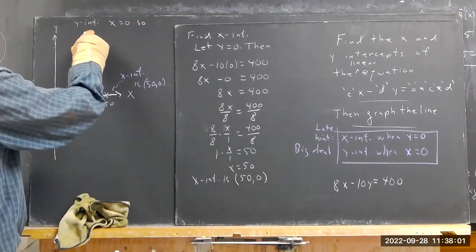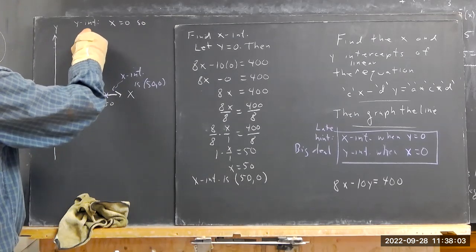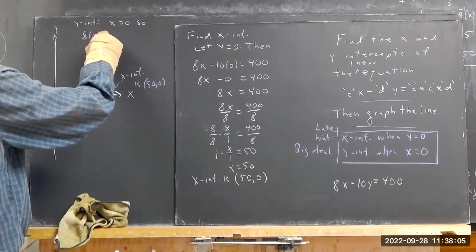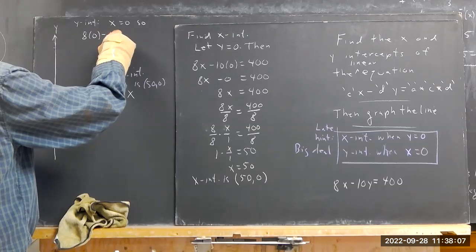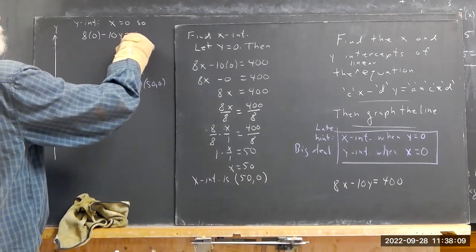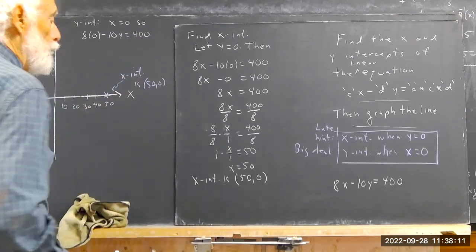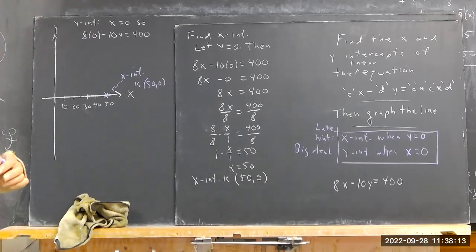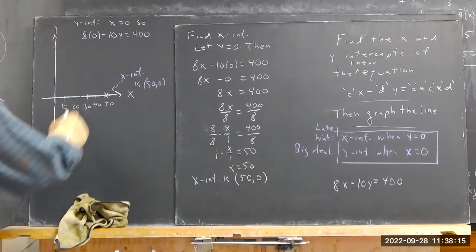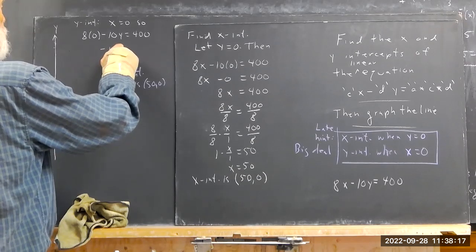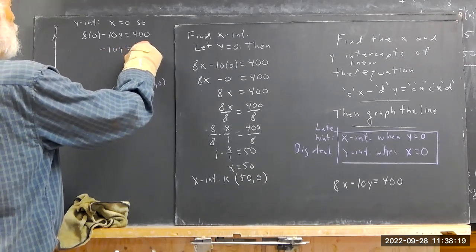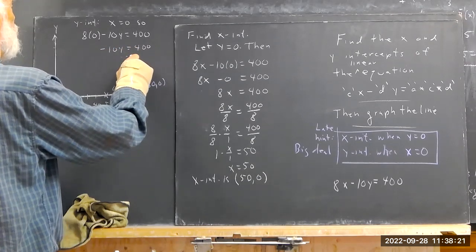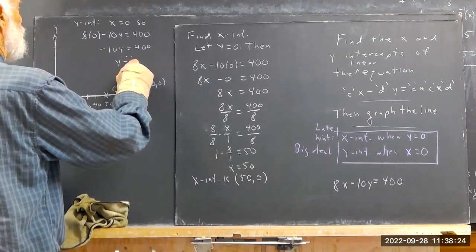x equals 0. So now our equation is 8 times 0 minus 10y equals 400. Okay, well that comes out negative 10y equals 400. Therefore, y equals negative 40.